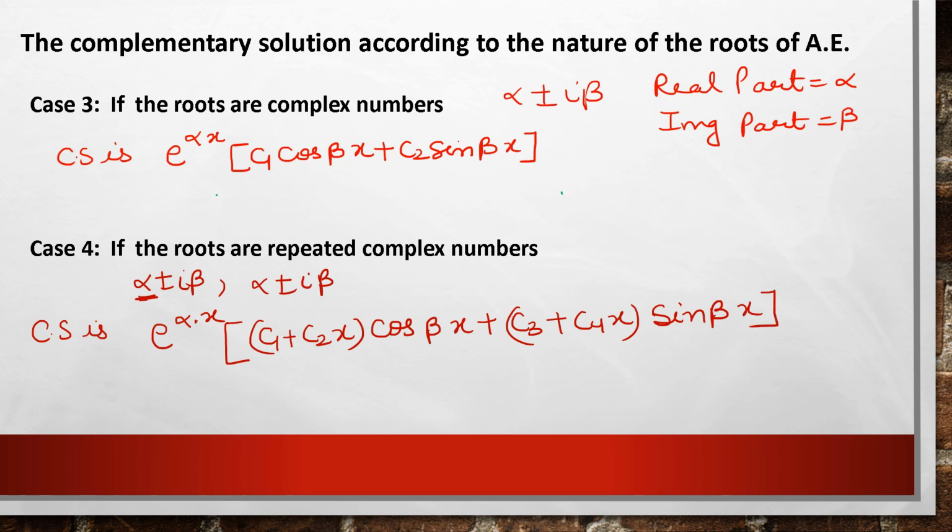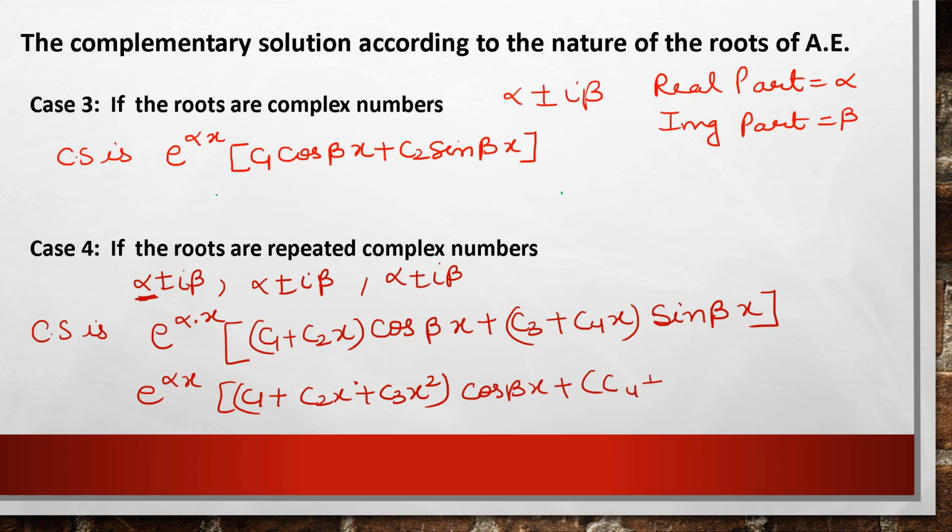Now if this repeats three times, let's say alpha plus minus iota beta repeats three times, then the solution will be e power alpha x, c1 plus c2x plus c3 x square, cos beta x, plus c4 plus c5 x plus c6 x square, sine beta x.